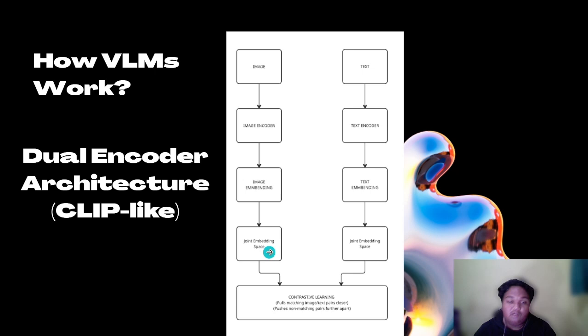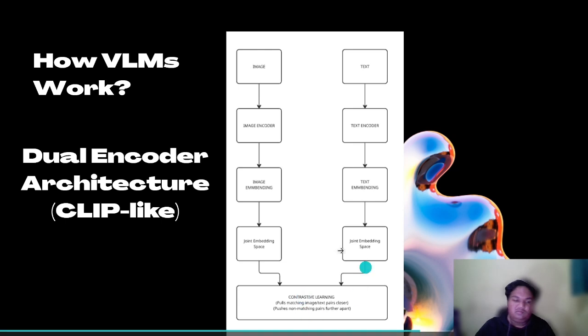What is the function of joint embedding? Joint embedding is a shared space where codes from the image and text are put in the same place if they have the same meaning. If they have the same meaning, they will be placed in closer positions.